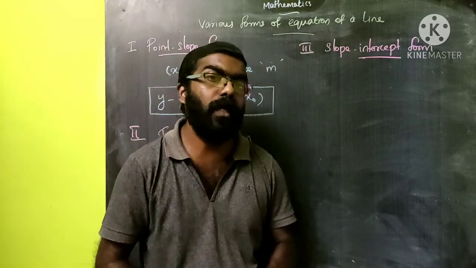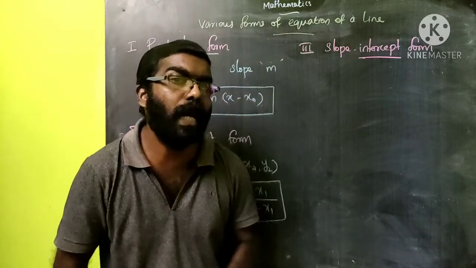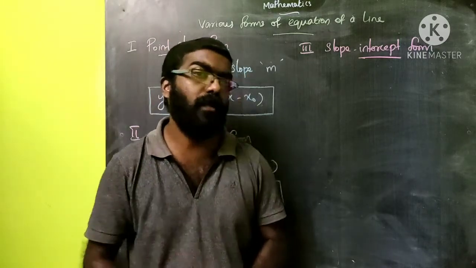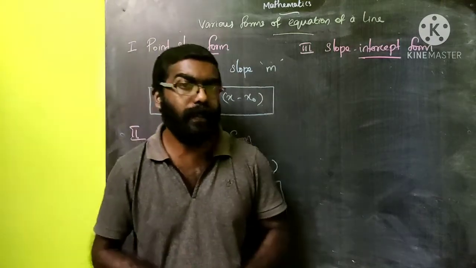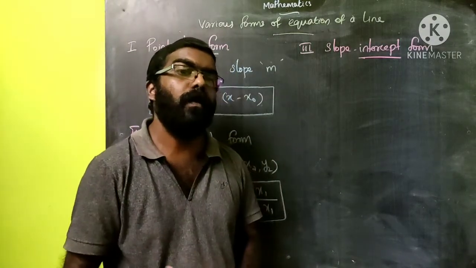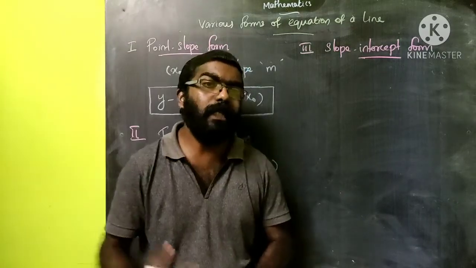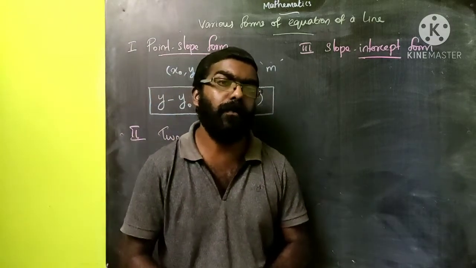That point is known as intercept. If a line intersect the y-axis at a point C, then we can call it as y-intercept. And if a line intersect the x-axis at a point D, then we can call that point D as the x-intercept. Normally C is known as y-intercept and D is known as x-intercept.